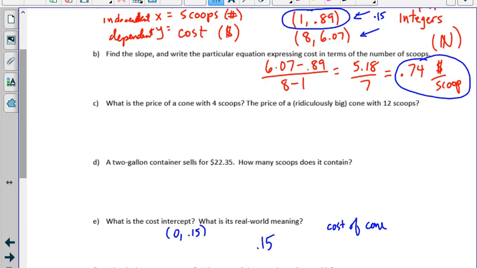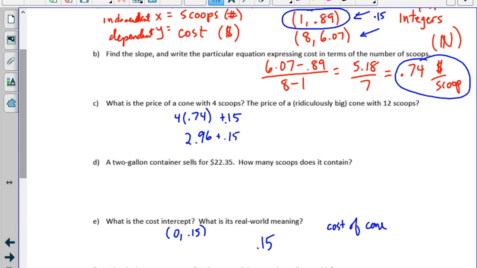What is the price of a cone with 4 scoops? So I have 4 times 74 cents, and then I have to remember to add the cost of the cone. So I have $2.96 plus the cost of the cone.